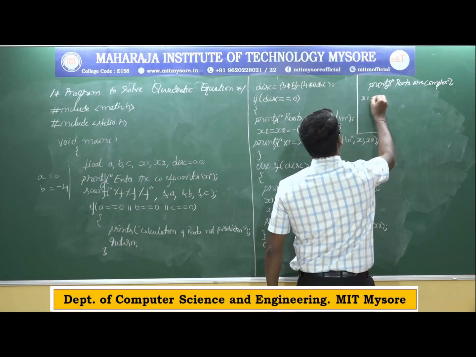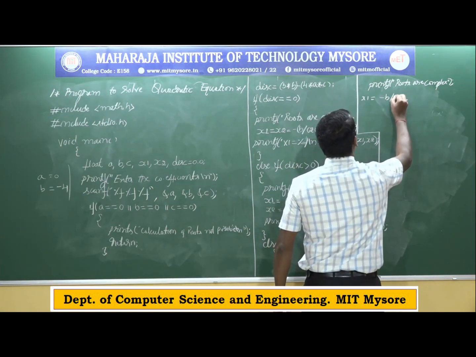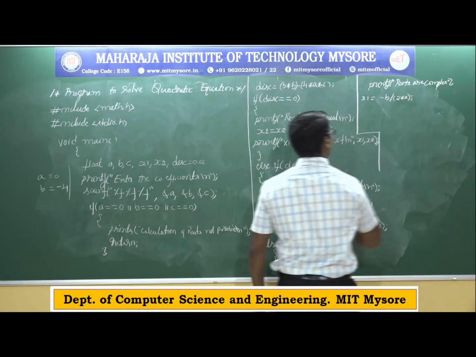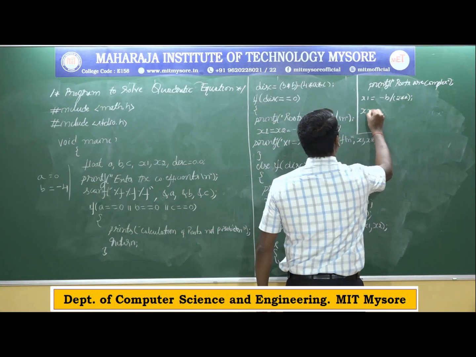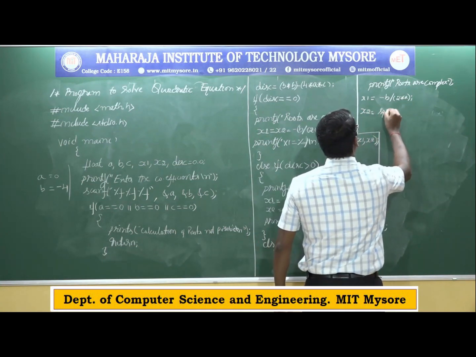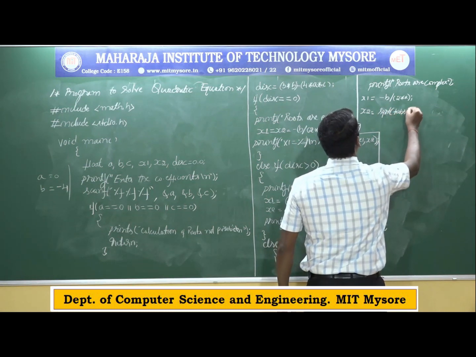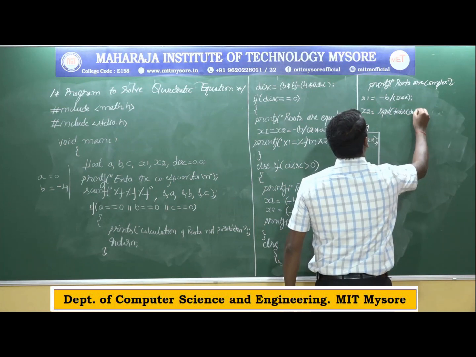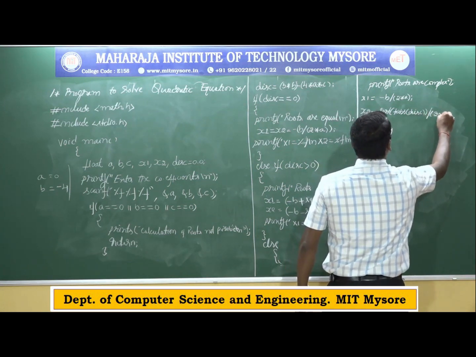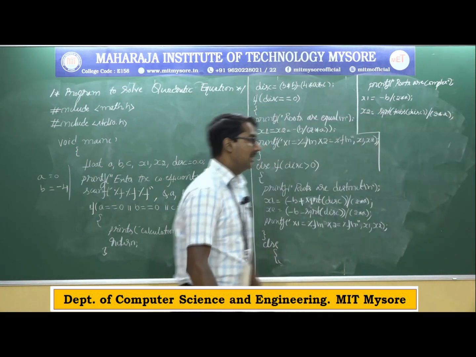Next, x1 is equal to minus b divided by 2 into a. x2 is equal to sqrt of float absolute of DISC divided by 2 into a.